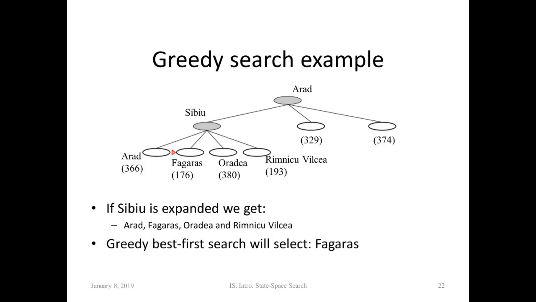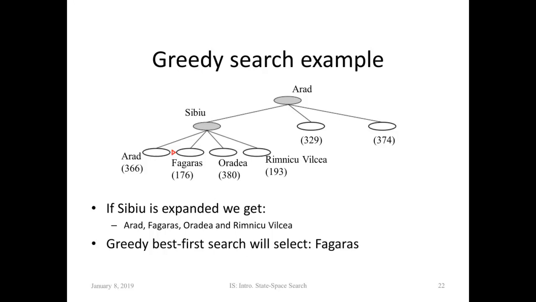And again, I just look at all the states that I have in my list, and Făgăraș has the shortest straight line distance to Bucharest, and I choose in a greedy way this one to pursue. In other words, I keep the order in my list, but I only take the best one to start with. And the only thing that influences the choice is the heuristic itself.